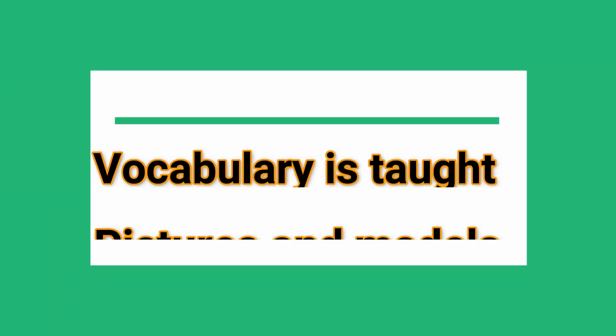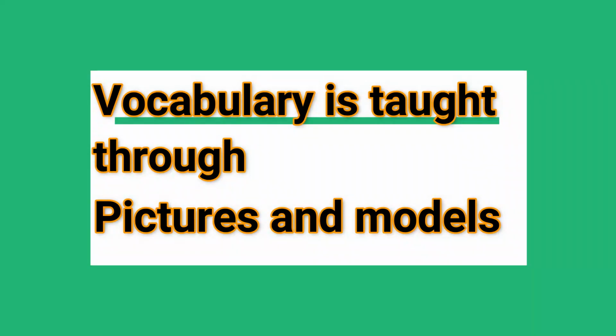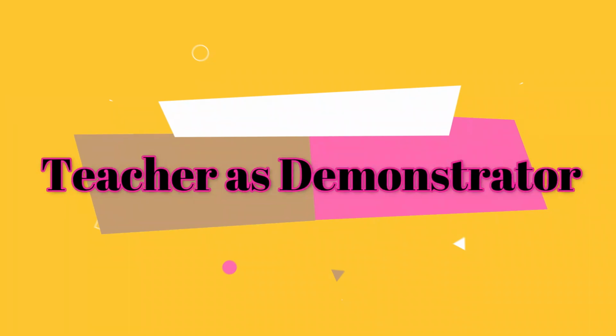The second principle: concrete vocabulary is taught through pictures and objects, because the teacher in this method is a demonstrator. The third principle is the teacher is a demonstrator. He shows things. He does not explain through translations.